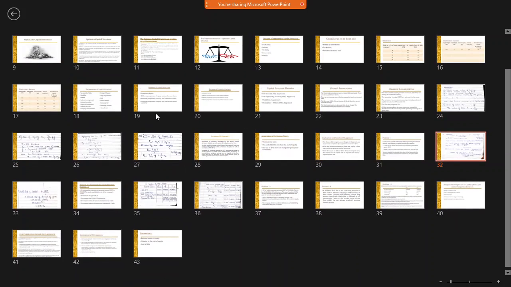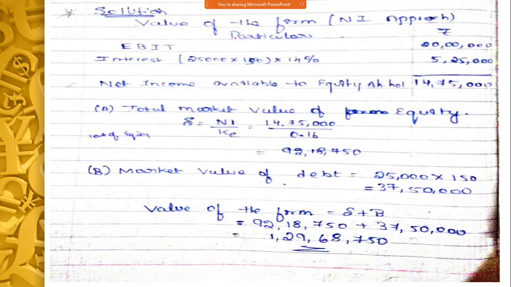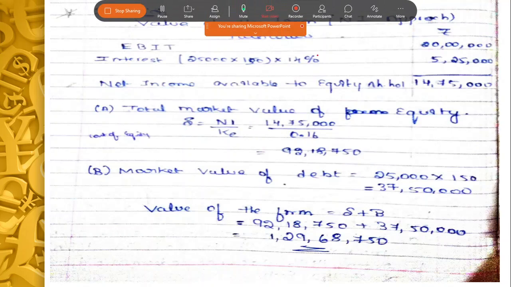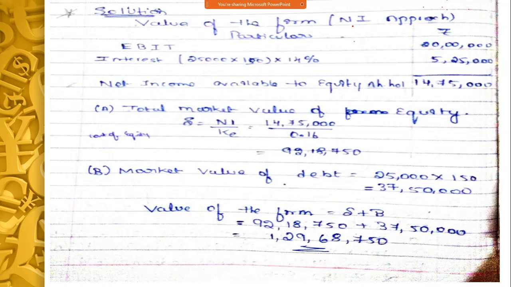Before starting with the problem, we should write the table showing the calculation of value of the firm under the net income approach.